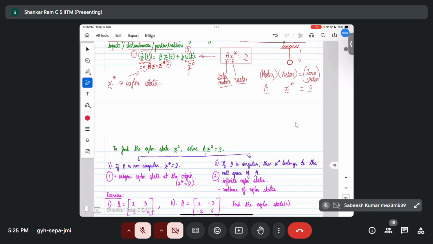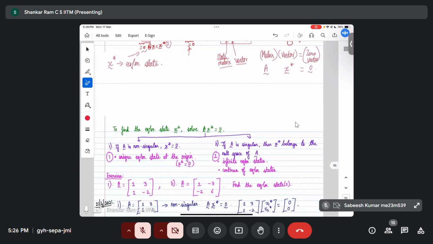Now, from matrix-vector algebra, we know that if we have such an equation, where A is a matrix, x star is a vector, and the product of the two is a 0 vector, there are two choices, two solutions.